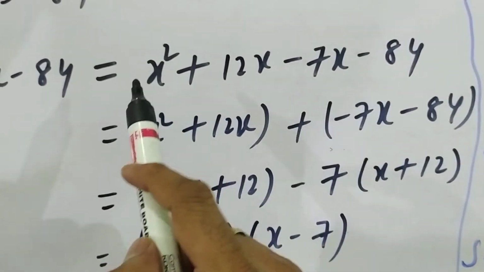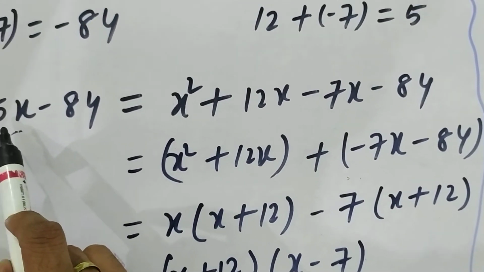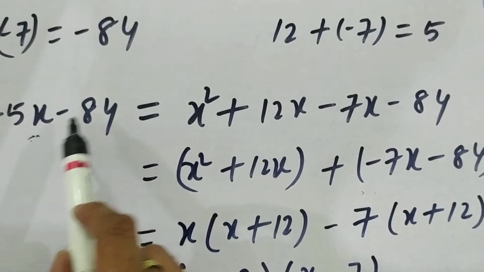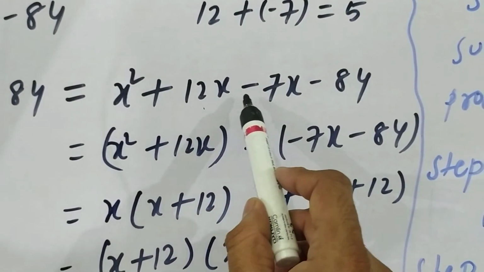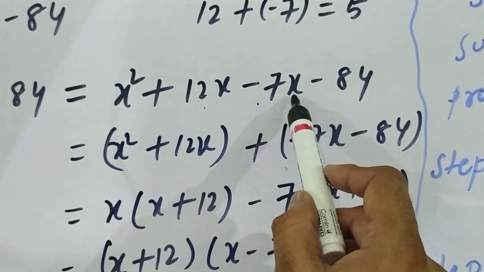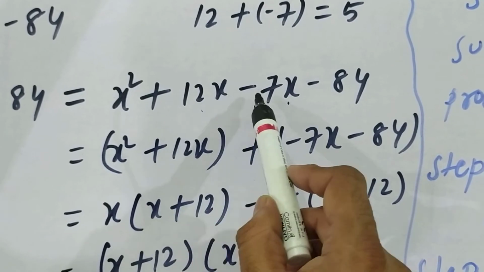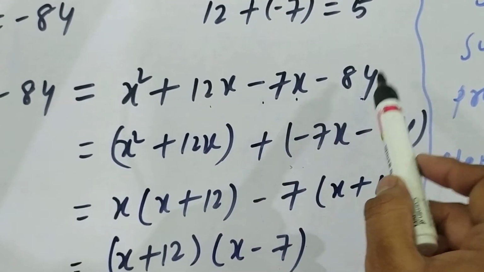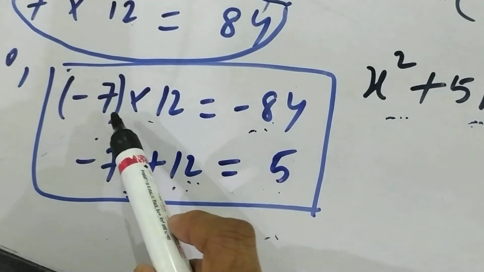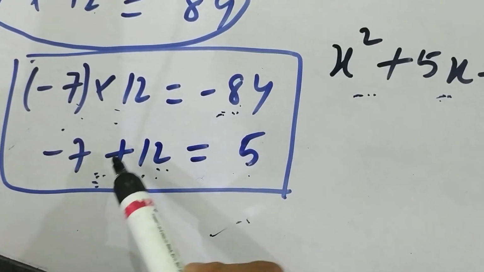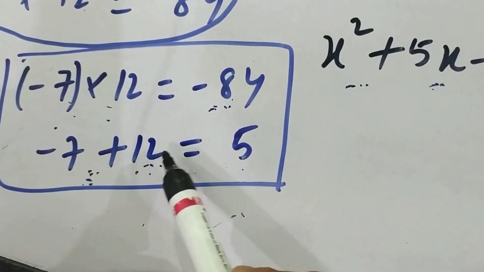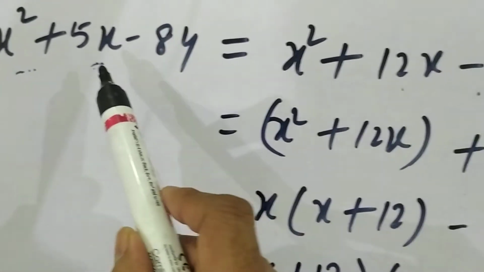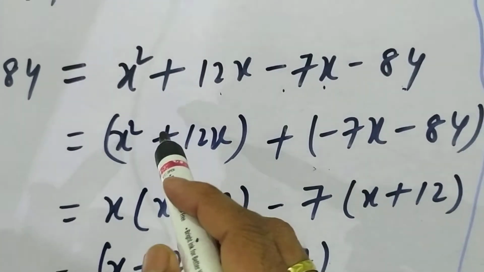See, what is the middle term? 5x. So we can write x square plus 12x minus 7x. If you multiply 12 into minus 7, it becomes minus 84. We already showed minus 7 into 12 is minus 84, and minus 7 plus 12 equals 5. It means we are splitting the middle term 5x. So x square plus 12x minus 7x minus 84.